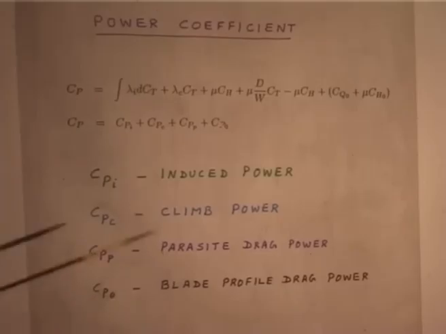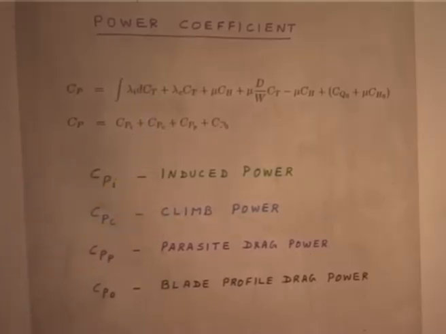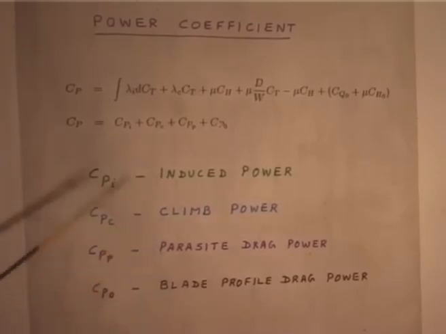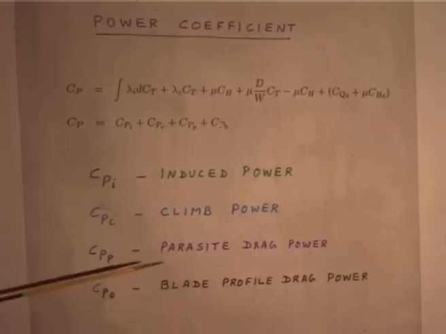Then you have climb, that is the climb power. Then you have parasite drag, because you are dragging the helicopter. The helicopter will have its own drag force, and power is required for that drag force, and that is what is called the parasite power.